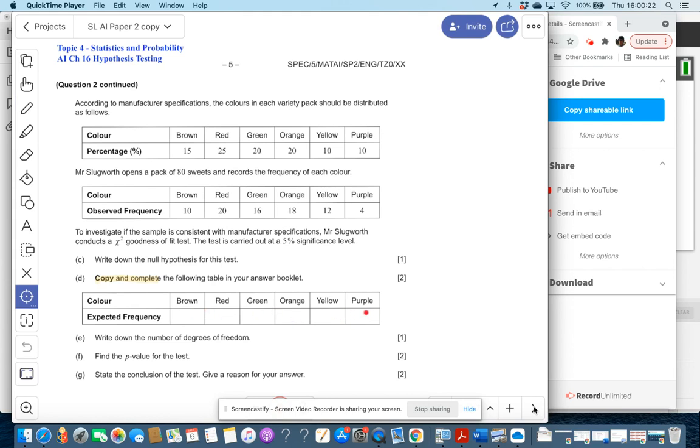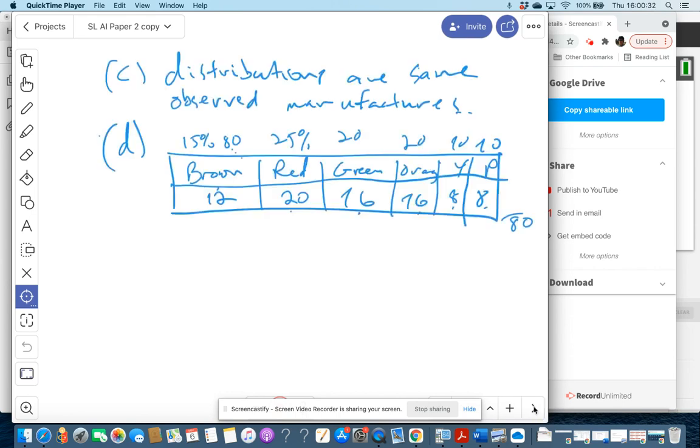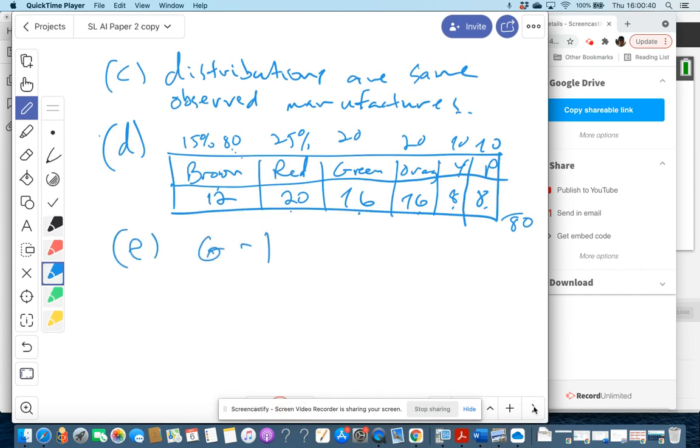So the degrees of freedom is just going to be 6 minus 1, 5, and that's a 1-point question, so you're not going to get any points for that. But 6 minus 1, df is 5.